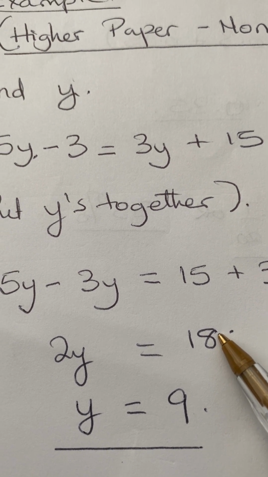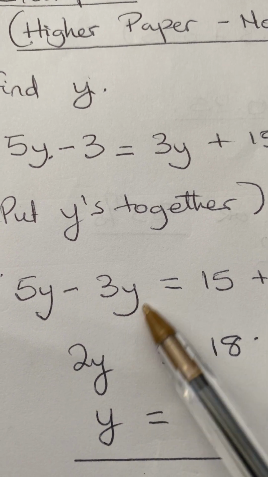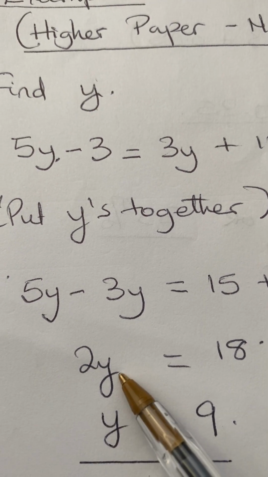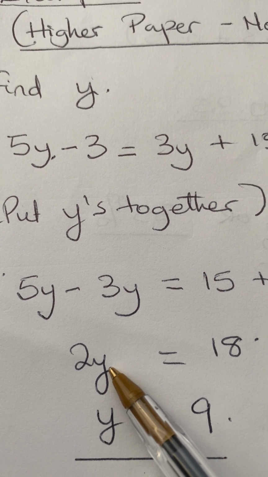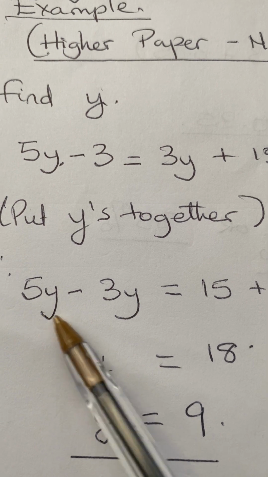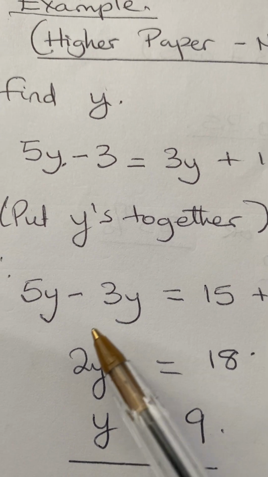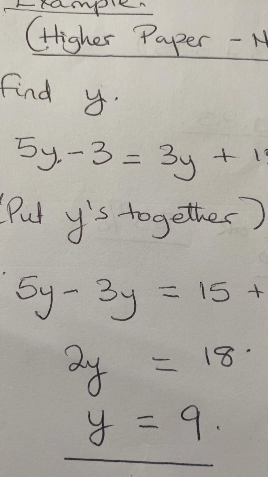Okay. Now, if I had 5y squared minus 3y, I couldn't write 2y. Then it means I might have to find y, the values of y. Then I'll get a quadratic equation then.